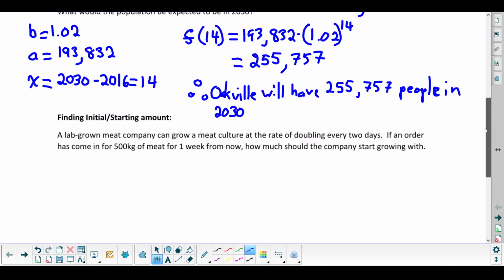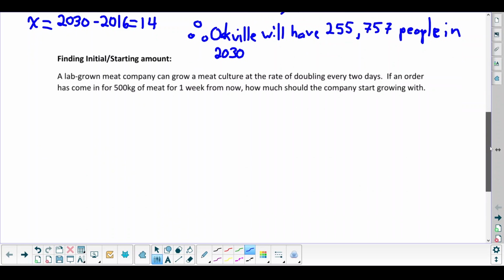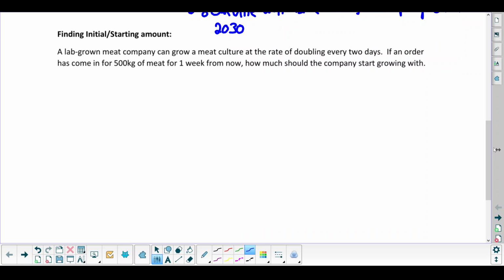Another thing we can do is find the initial or the starting amount. So let's look at this question and see how that works. A lab-grown meat company can grow a meat culture at a rate of doubling every 2 days. So it doubles every 2 days.